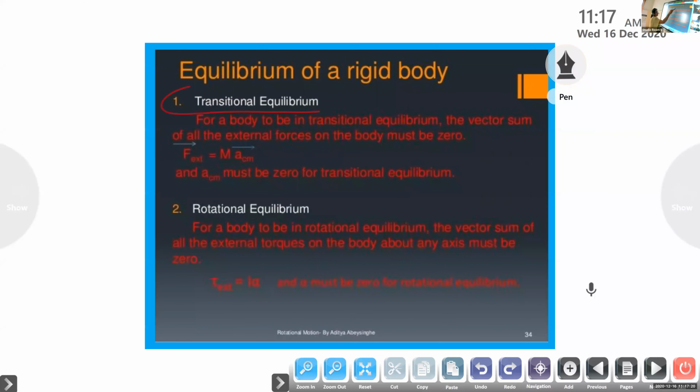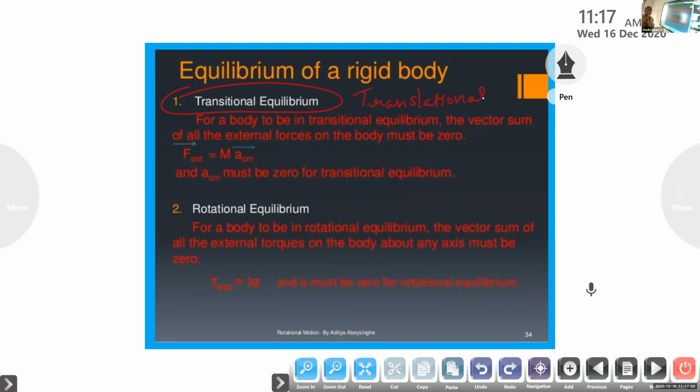Mainly, there are two equilibriums we have: transitional equilibrium, or another word we can use, translational, and the second one is rotational equilibrium. Translational equilibrium we already learned in other cases.